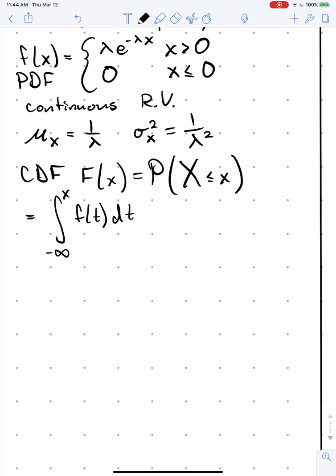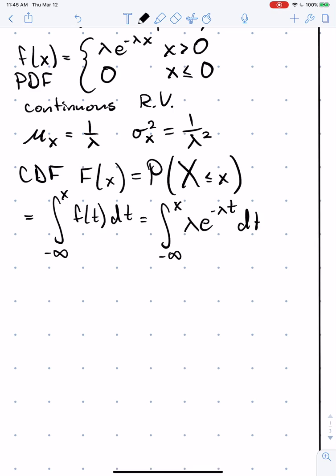So we plug that into our equation here. We get negative infinity all the way up to x, f of t, lambda e to the negative lambda t dt.